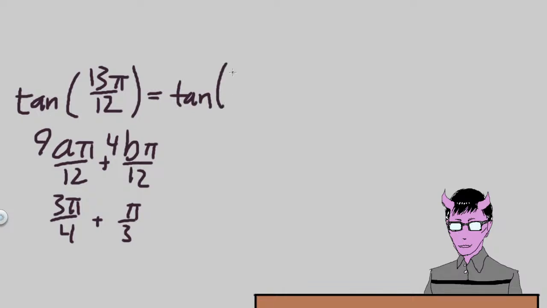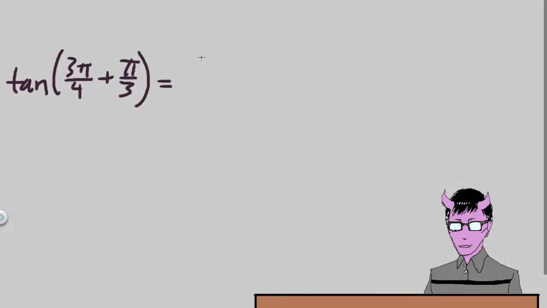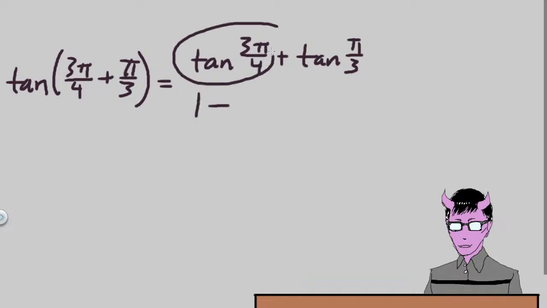So we have tangent of 3 pi over 4 plus pi over 3. Using the trig expansion, it's plus on top. Plus. Minus on the bottom, and then it's a 1 minus the product of those two. You just have to memorize it, I'm sorry.